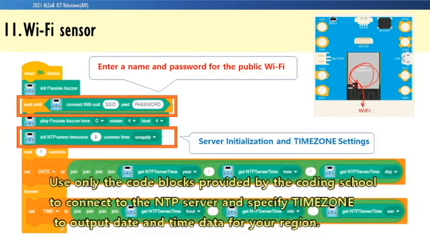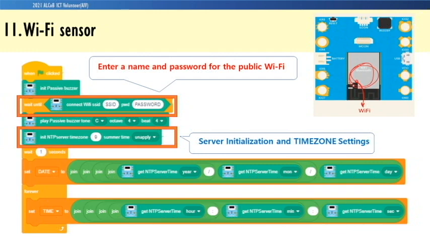Use only the code blocks provided by the Coding School to connect to the NTP server and specify the time zone to output date and time data from your region.